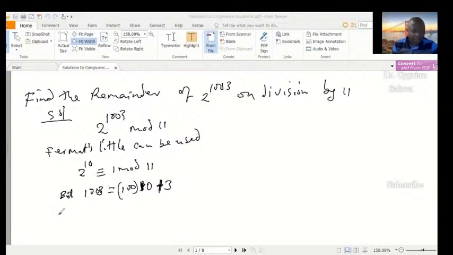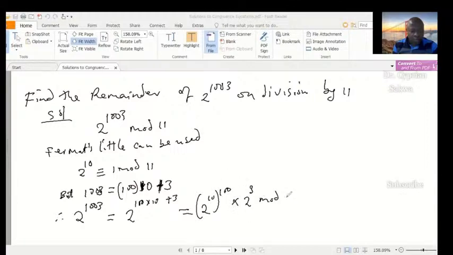And therefore, what this means is that 2 raised to 1,003 can be written as 2 raised to 100 times 10, plus the remainder, which is the same as (2^10)^100 times 2^3.